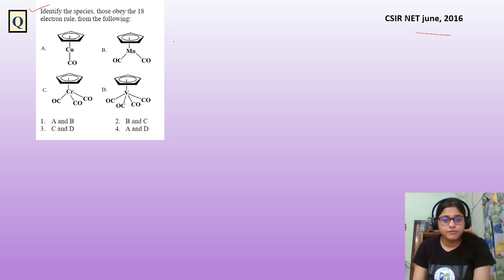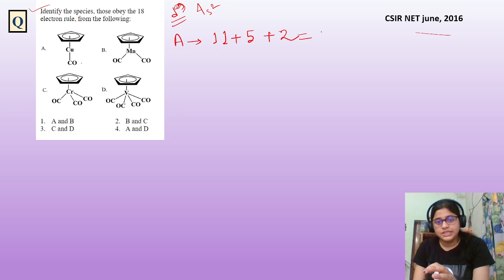See, A. Copper is in d9 group, right? d9 means, should we consider 9 only? No, right? 4s2 is present. So 11. 11 from copper, and Cp ring has 5, and CO means 2. So as a total, it will be 16, 18. 18 electrons.